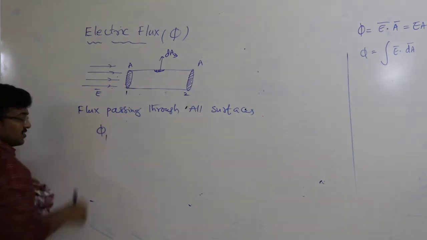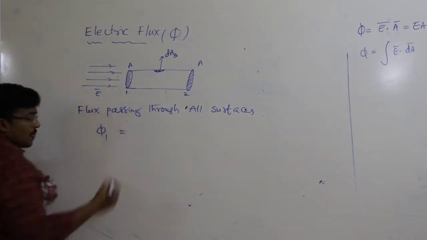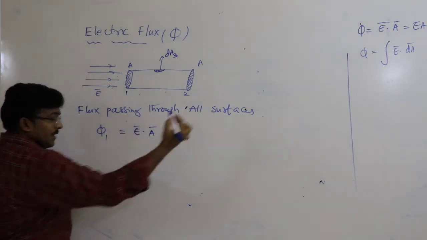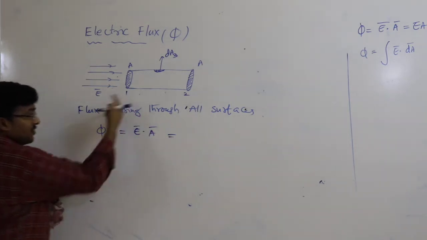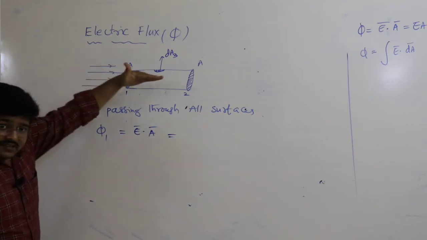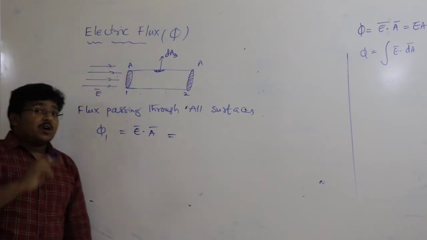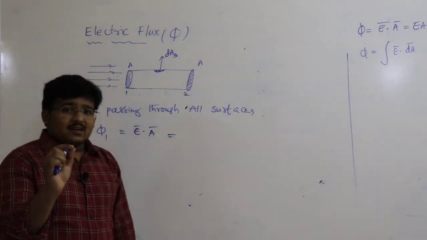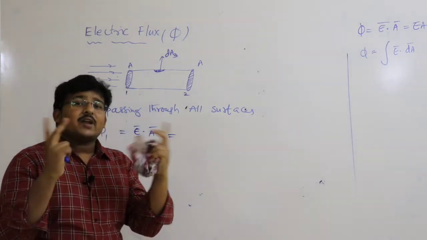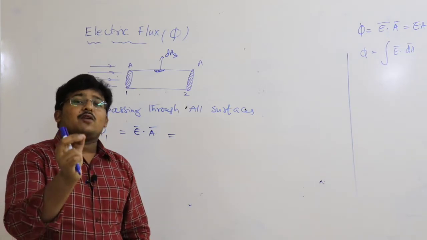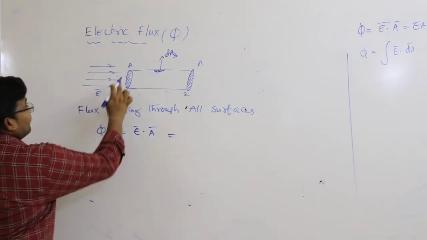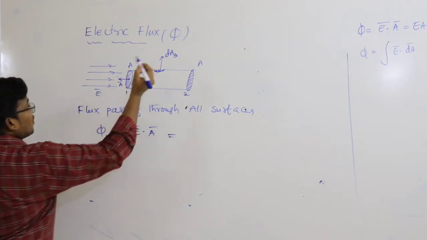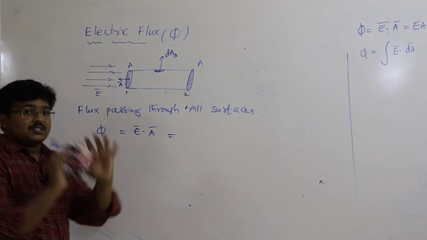Now the flux linked with the first surface is, you know the formula, the electric field dot product with A. Now see, at the first surface the electric field is like this, and what is the area vector direction? The area vector for a closed body is always outward. So for this, the area vector is like this. This is A bar outward because it is a closed body.